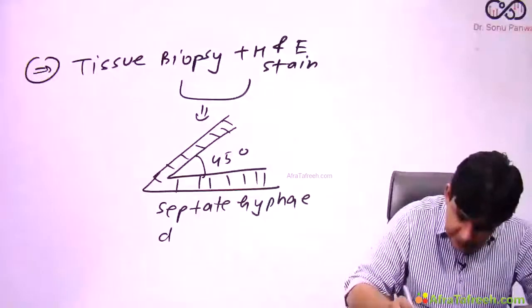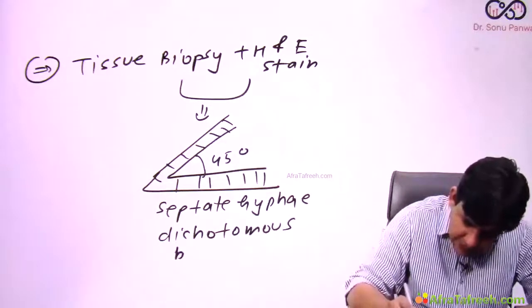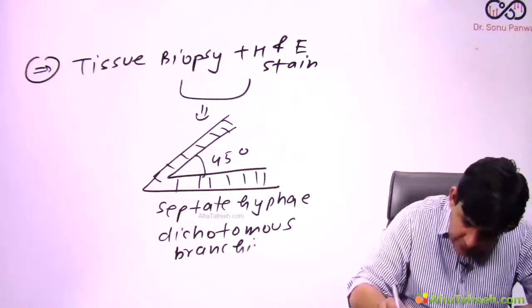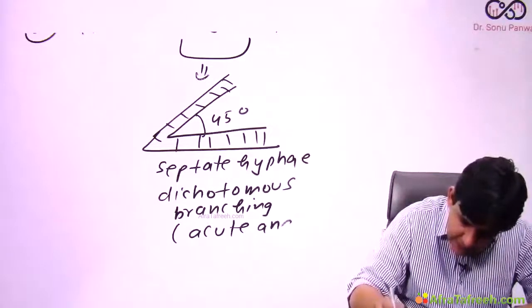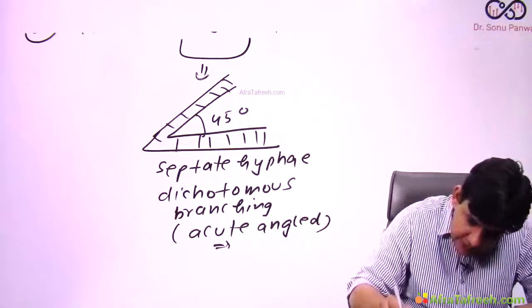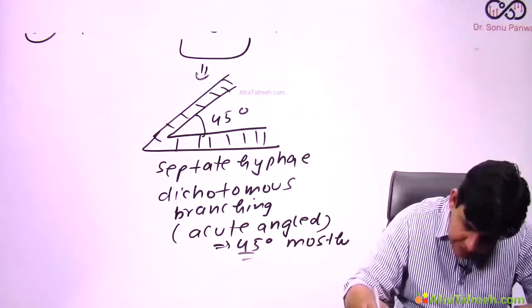This particular type of branching is termed dichotomous branching, and in this dichotomous branching the angle is mostly acute, mostly a 45-degree angle.